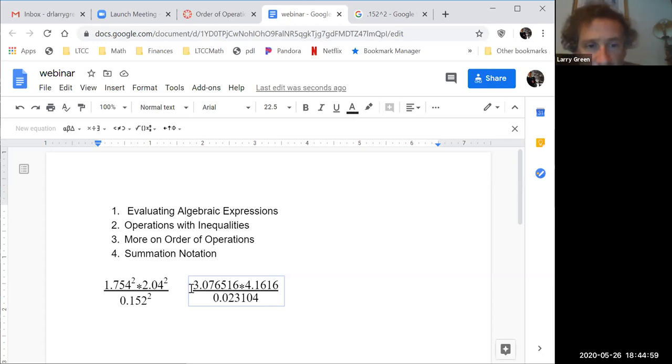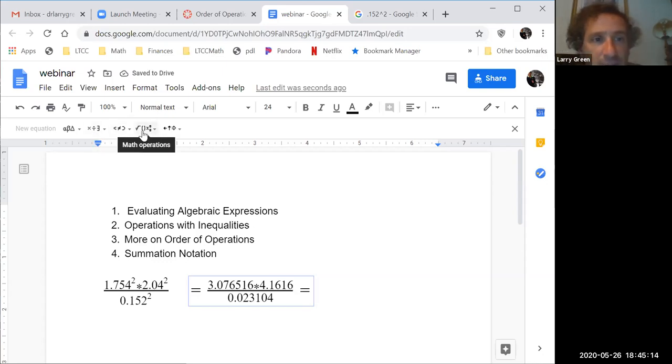Yeah, now we do the multiplication. And this is one of those where you have to be careful because it's not PEMDAS anymore, because we have that division sign. So the division is kind of like a parenthesis. It says that we're supposed to do the top, calculate it out, do the bottom, calculate that out, and then divide at the very end.